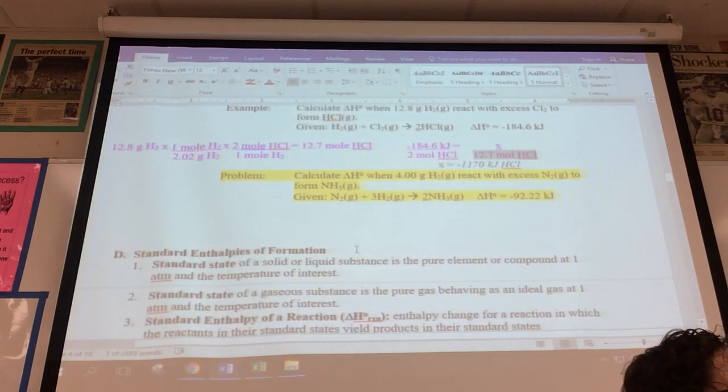Give the problem highlighted in yellow a shot. Work it exactly the same way. See if you can do it. I'm sure you can.